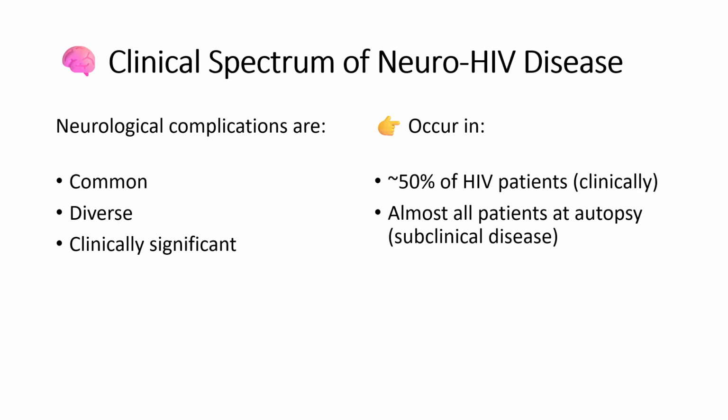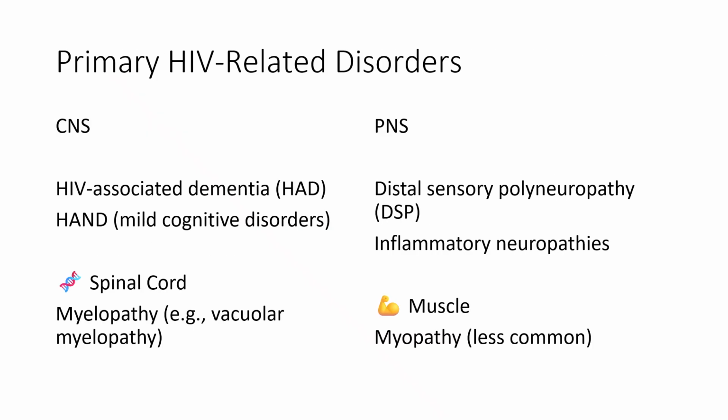Coming to the clinical spectrum of neuro-HIV disease, the complications are common, diverse, and clinically significant. It occurs in 50% of HIV patients clinically and in almost all patients at autopsy, that is, they had subclinical disease. Primary HIV-related manifestations can involve the central nervous system or peripheral nervous system.